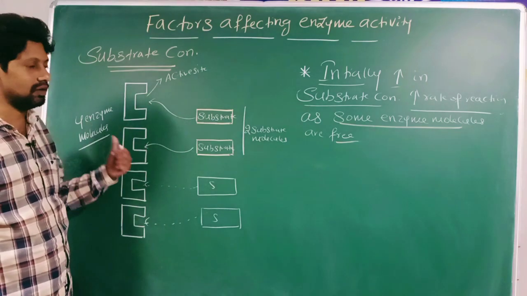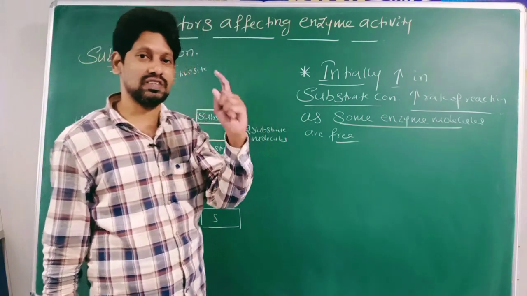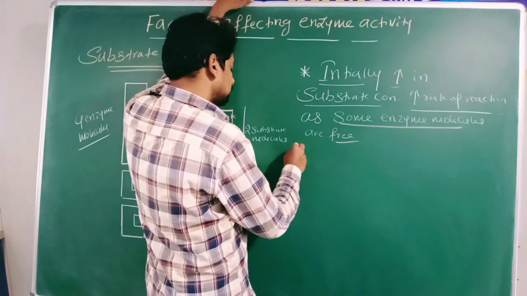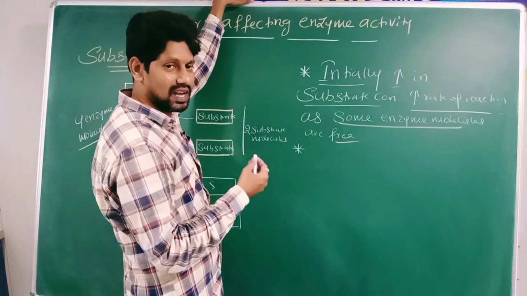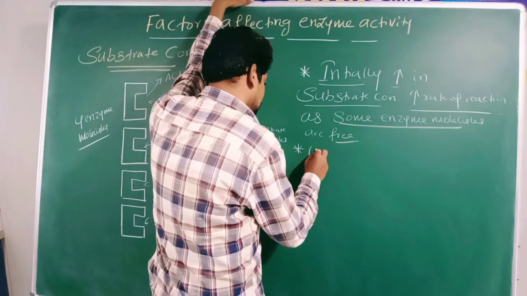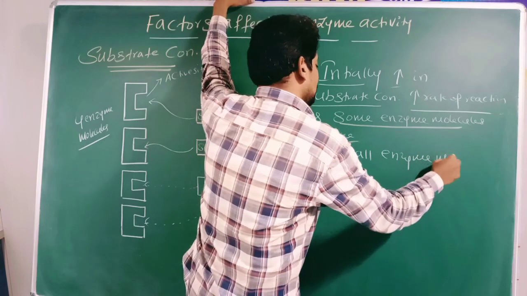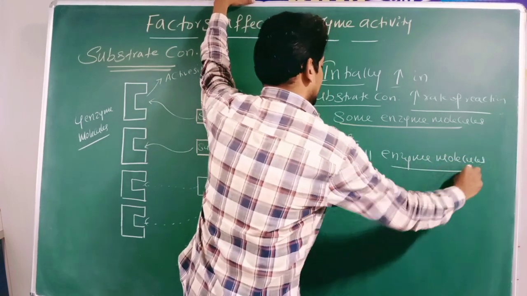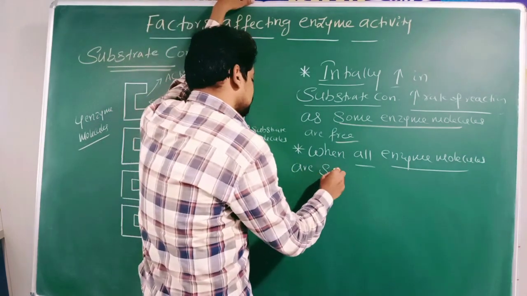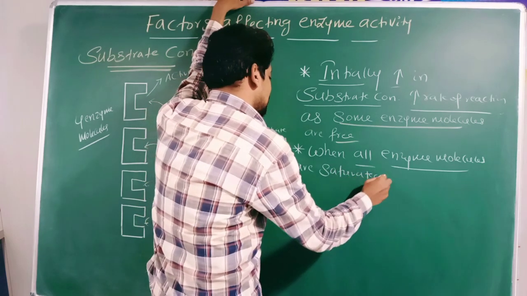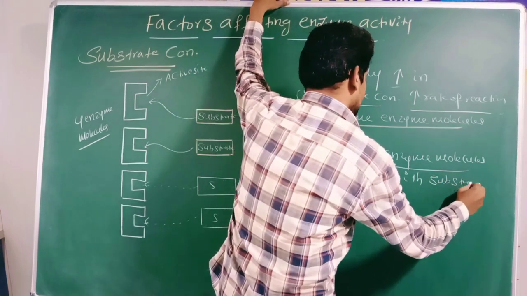Therefore, the rate of reaction becomes maximum when all enzyme molecules are saturated with what? Substrate molecules. I am speaking about the enzyme molecules we are taking: when all enzyme molecules are saturated with substrate molecules.